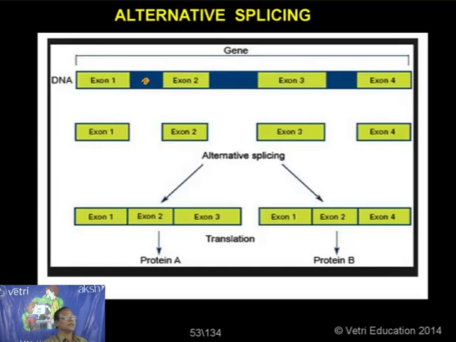But in this case, the exons are joined in a different manner, so that we get matured mRNA of different types. This is matured mRNA, this is also matured mRNA. So the combination may happen in different manners, so that we get different proteins. Many proteins are encoded by a single gene.